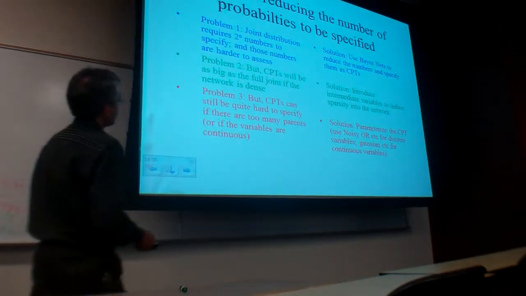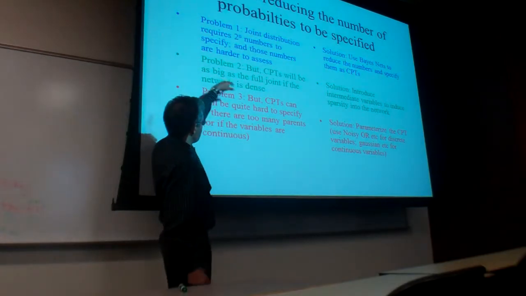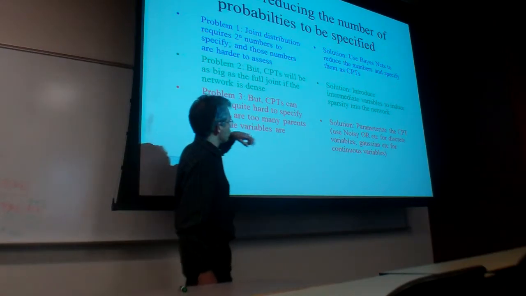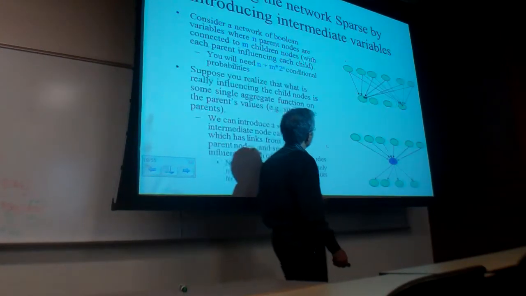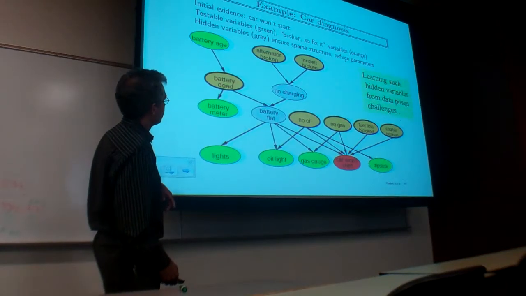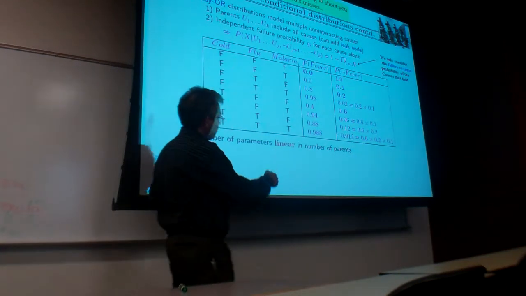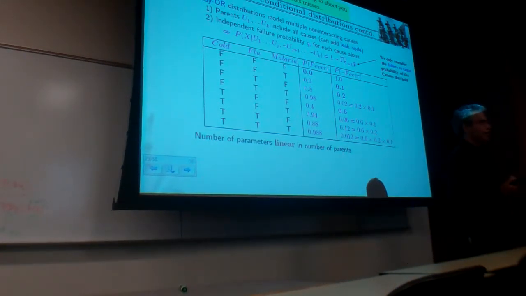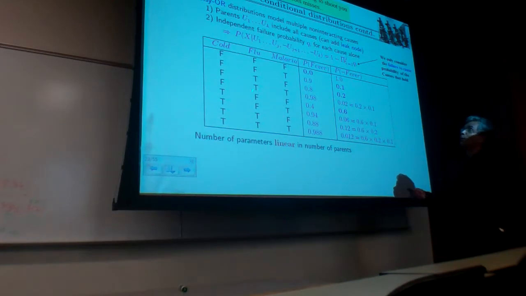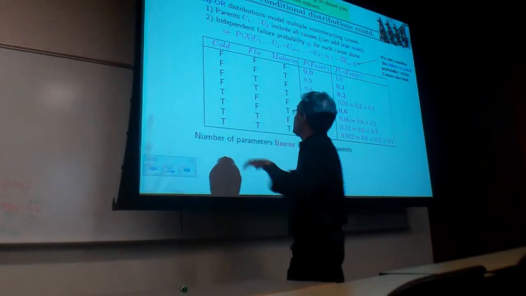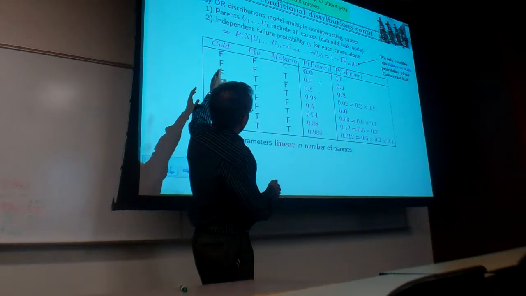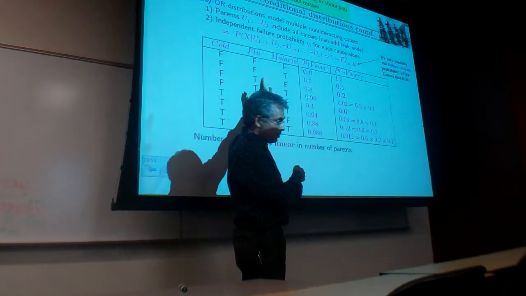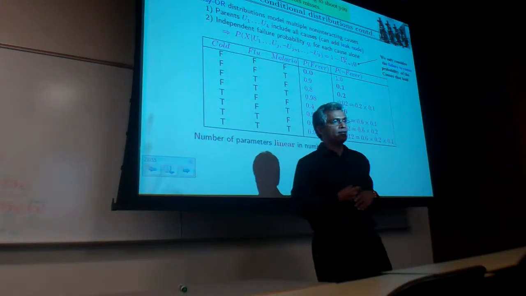Okay, so CPTs, I'll come back to the problem in a minute, but CPTs can still be quite hard to specify if there are too many parents, so the solution is to parameterize the CPTs. One simple idea, even within CPTs, is this idea called the noisy-OR distribution. Suppose you have cold, flu and malaria as your symptoms, okay, what's the probability that you will have a fever?